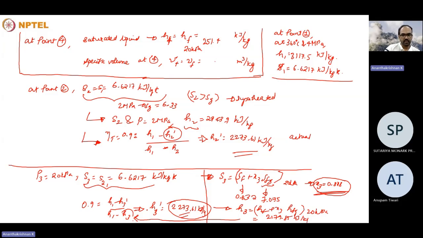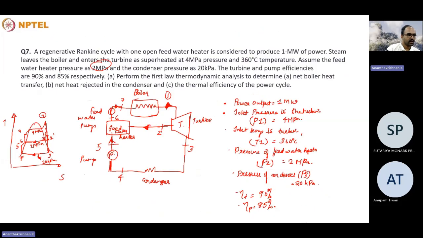Then we can try to calculate the enthalpy at the exit of the pump using the pump efficiency, which is given as 85%.